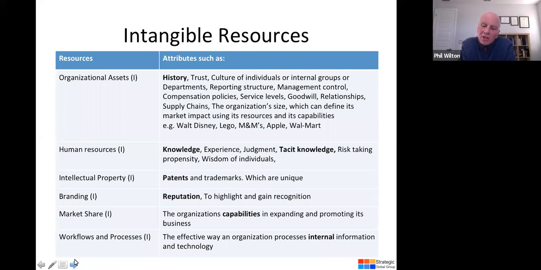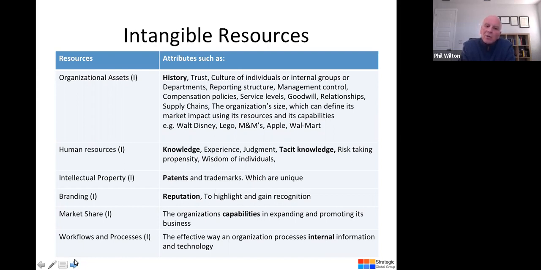Tacit knowledge is that knowledge that you've gained, which is above explicit knowledge, that allows you to perform a job function, a workflow, or a process better than it was before. It enables your risk-taking propensity to improve, the wisdom of individuals to improve when they make decisions.